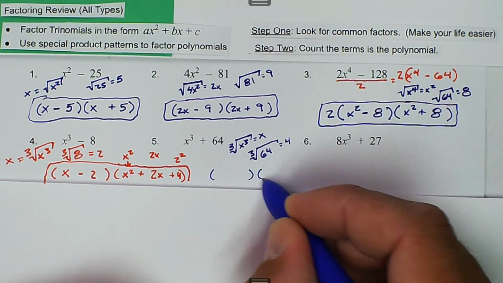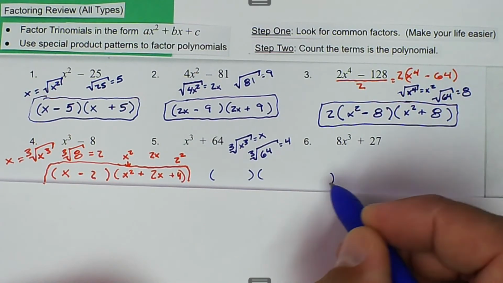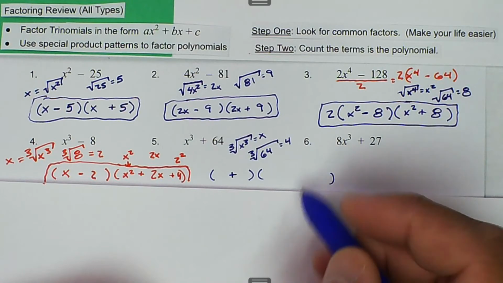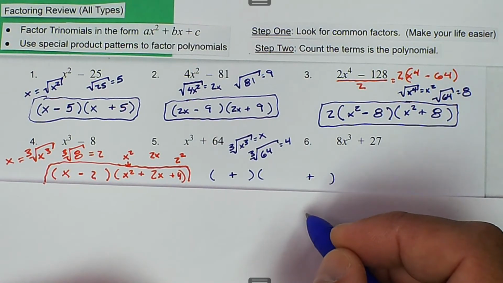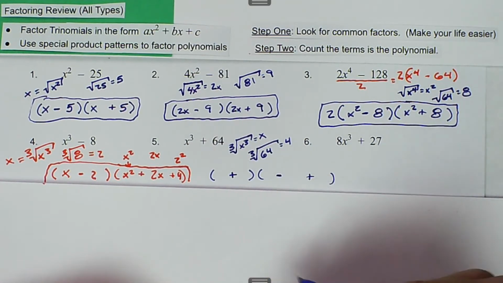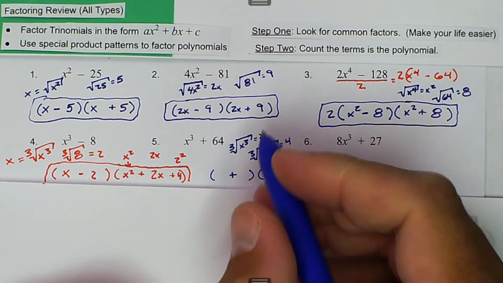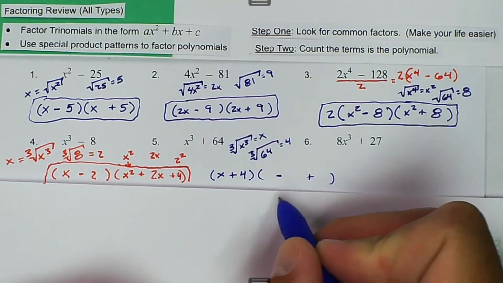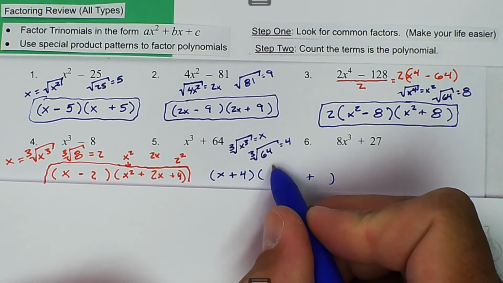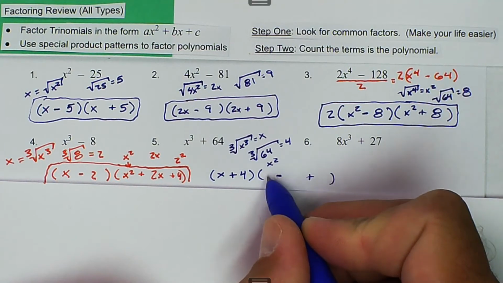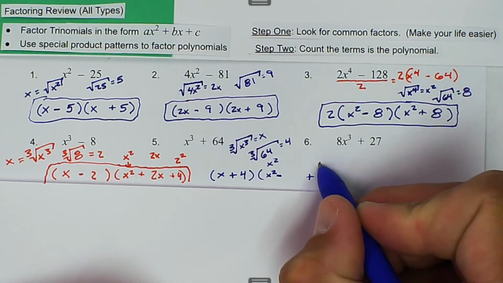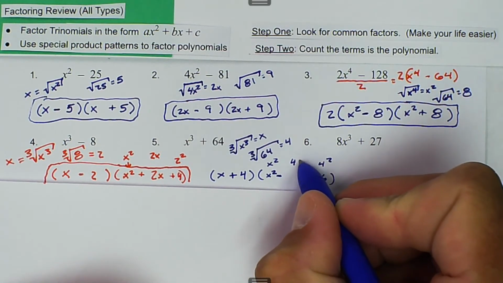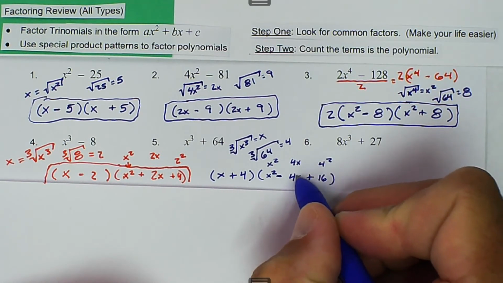We should have a leading binomial and then a trinomial. The first sign matches. The last sign is always addition, and we always have 1 subtraction sign. So now we can put in our numbers. So the first one is just x and 4. Then we have the x squared, which is just x squared. Then we have the 4 squared, which is 16. And then we have 4 times x, which is just 4x.